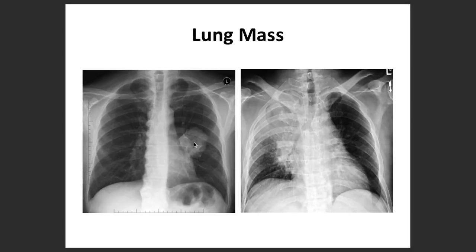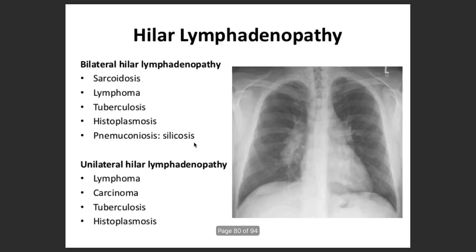Then come the lung masses, which you may notice over here. Then hilar lymphadenopathy is another characteristic thing, which you may see either on one side, unilateral, or bilateral. Unilateral is more in tuberculosis, lymphomas, or histoplasmosis. However, bilateral is also seen in tuberculosis, sarcoidosis, lymphomas, or pneumoconiosis, especially silicosis.